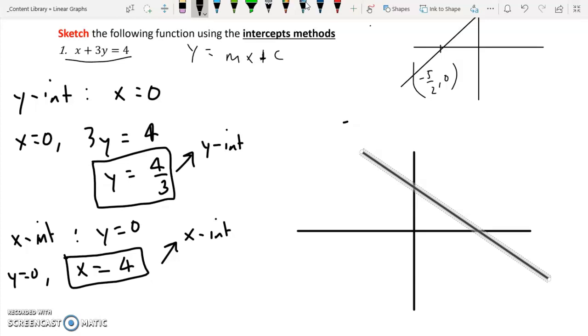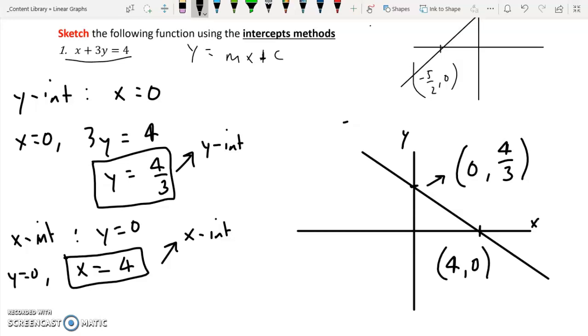This is our x-axis, this is our y-axis. Now, all we need to do is label these points. This one is our y-intercept, which is (0, 4/3), and this one here is our x-intercept, which is (4, 0). Okay, so that's it.